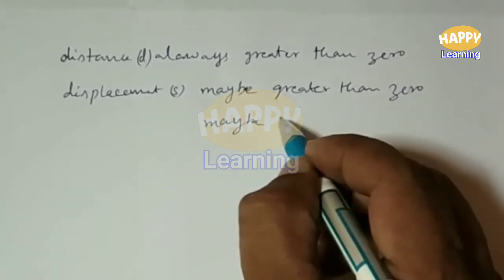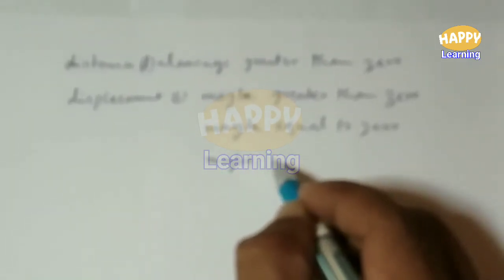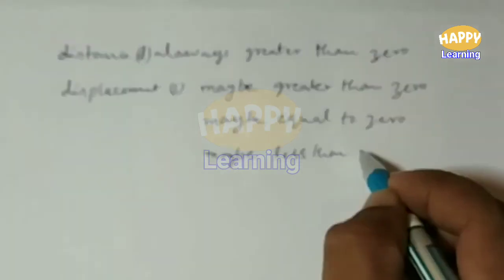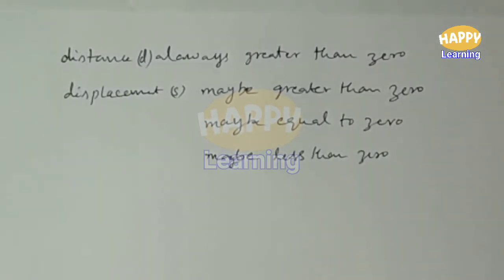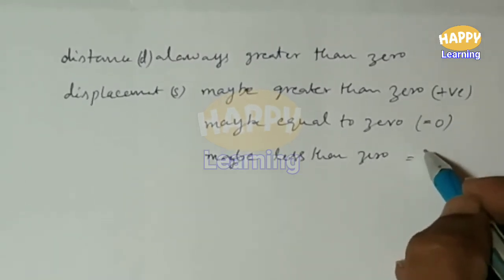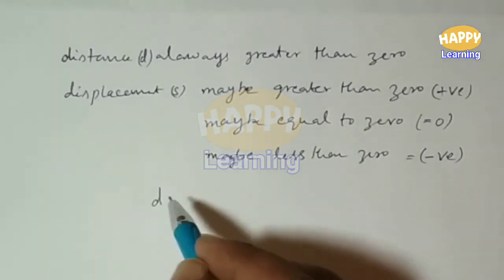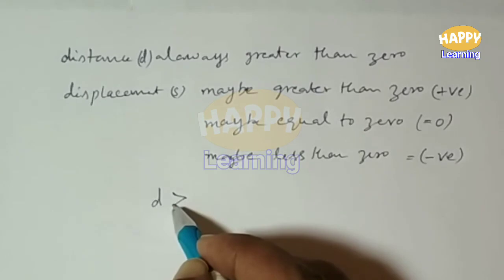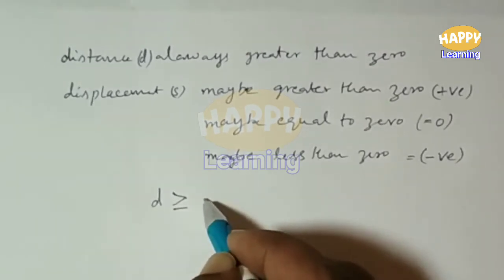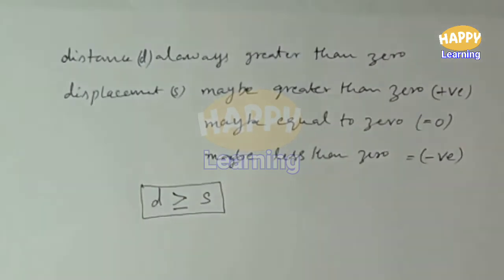Displacement may be equal to 0 in some of the examples we got, and displacement may be less than 0 in some of the cases, we got negative value. So displacement may be positive, may be equal to 0, may be negative value, whereas distance is always greater than 0. So distance is always greater than or equal to displacement.